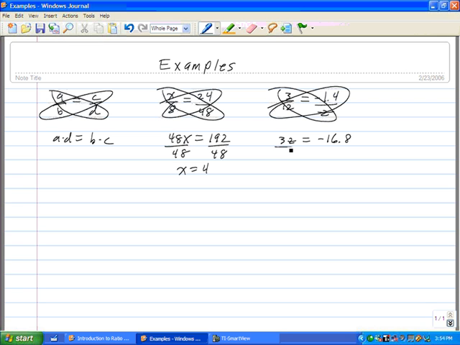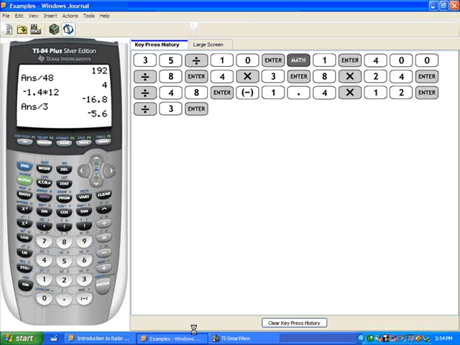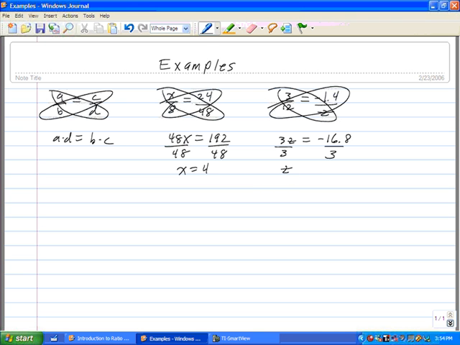And then when I divide by 3, back to the calculator, you just say divided by 3, I get negative 5.6.